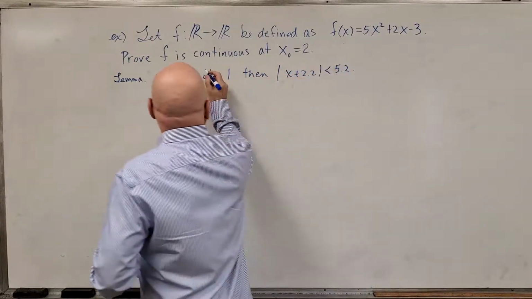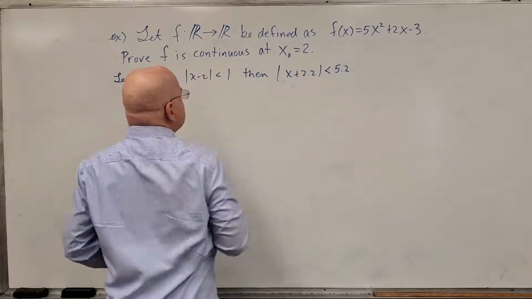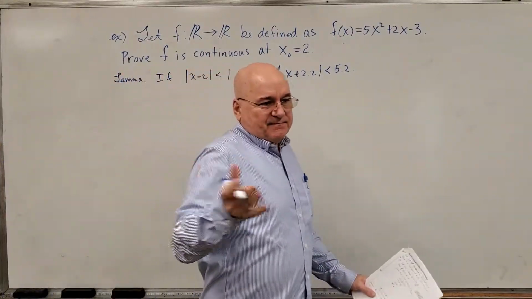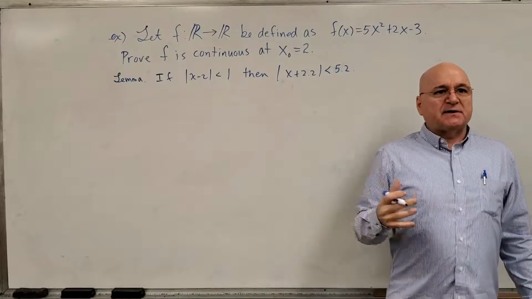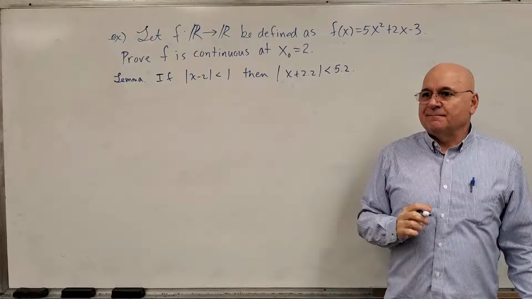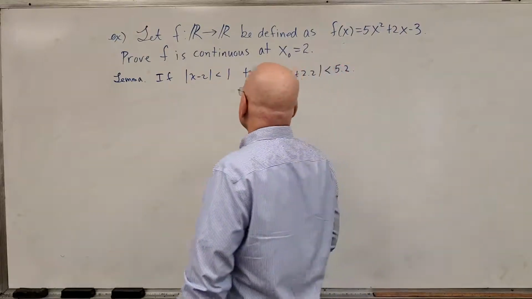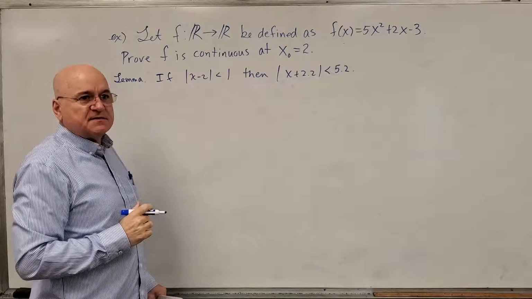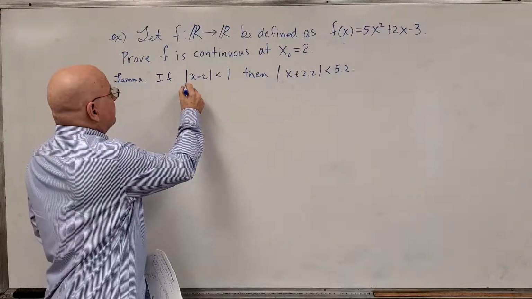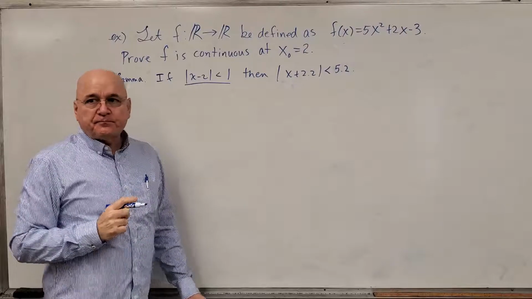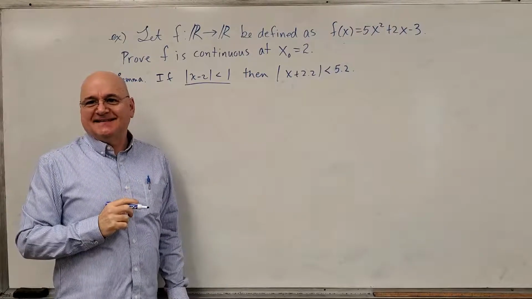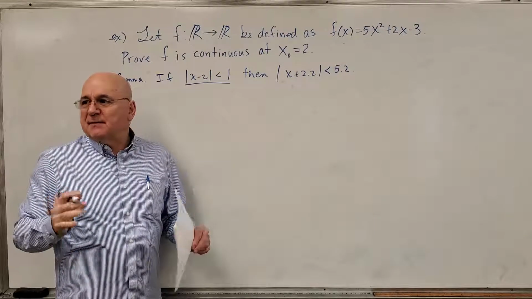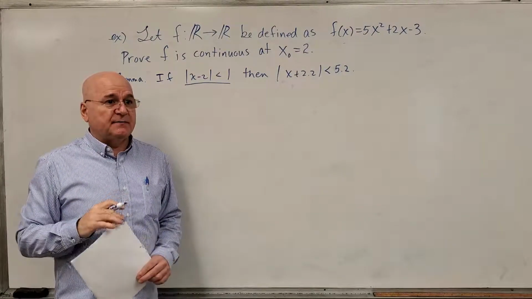So if |x - 2| < 1, can anybody explain what that statement means graphically or geometrically speaking, if we were drawing pictures? Maybe I'll draw the picture here and then erase it in just a second. What does this mean? Using the word distance. When you take the difference of two numbers and put them in absolute values, that's the distance between the two numbers, right?